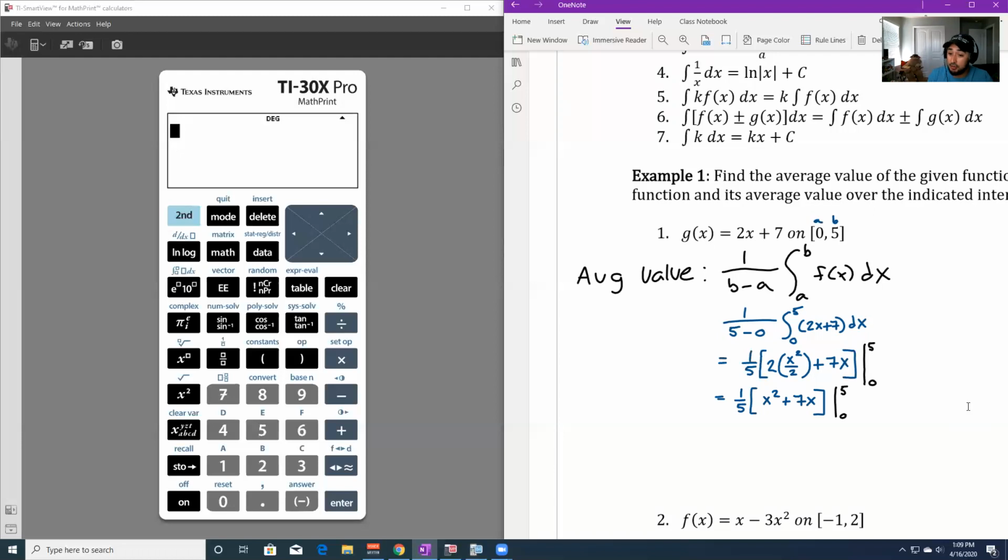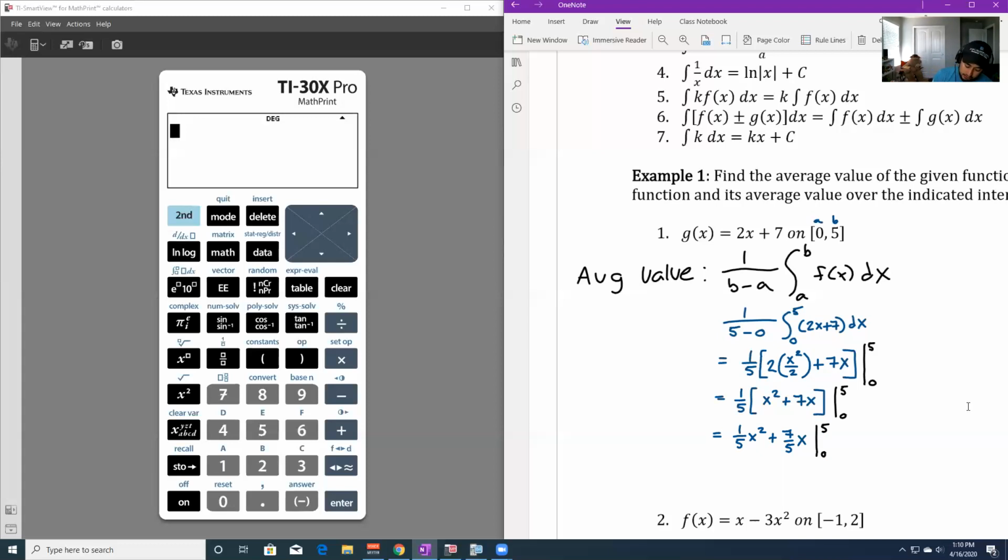Now I'm going to distribute that 1/5. And you get 1/5 x squared plus 7/5 x, still evaluated from 0 to 5. We are now ready to type this in our calculator.